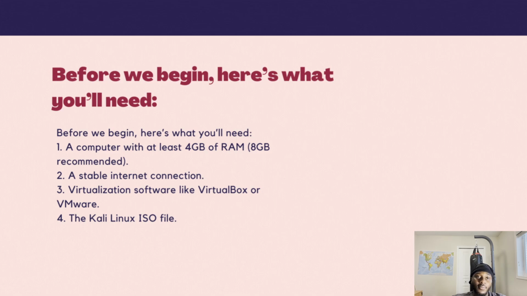So let's get started. And the virtualization software like VirtualBox or VMware, we are going to be downloading VMware. If you like, you can go for VirtualBox, but I'm using VMware and the Kali ISO file. I'll show you how to download those. So let's get started.